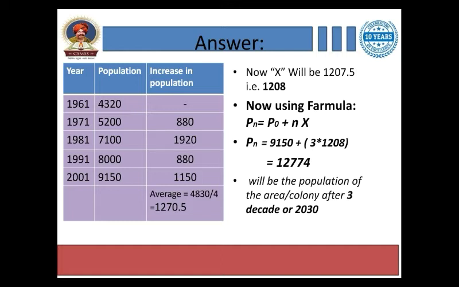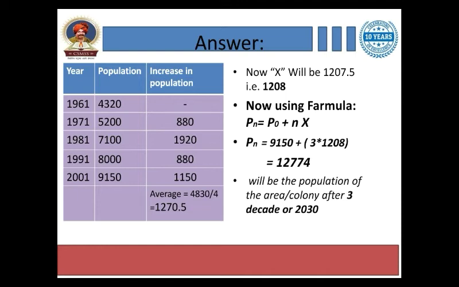And for 2001, we subtract 8000 from 9150 and get 1150. Now we have to sum all these increases in population and divide by 4, so that we get the average increase in population.